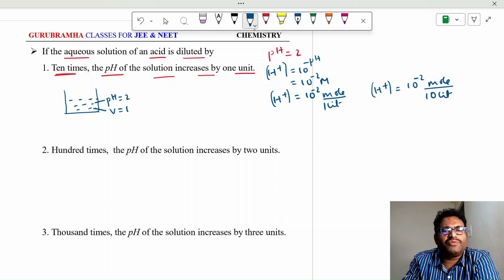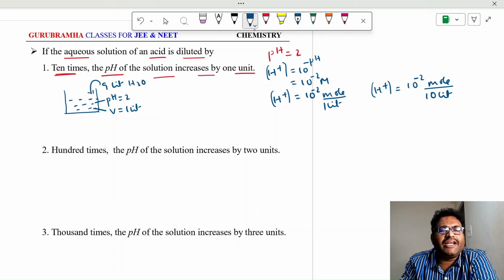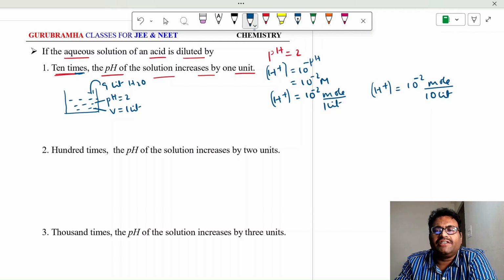Its volume is 1 liter. I am adding 9 liters of water. That means final volume will be 10 liters, 10 times to that of 1 liter. 10 liters is 10 times to that of 1 liter. 10 times it is diluted.